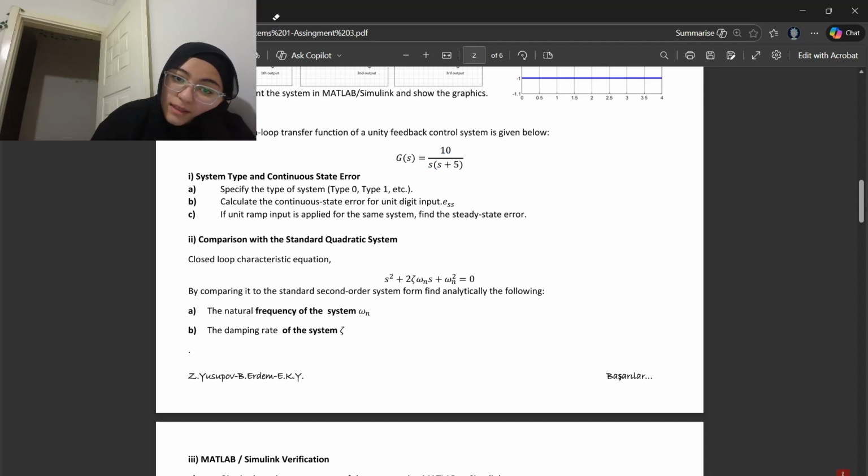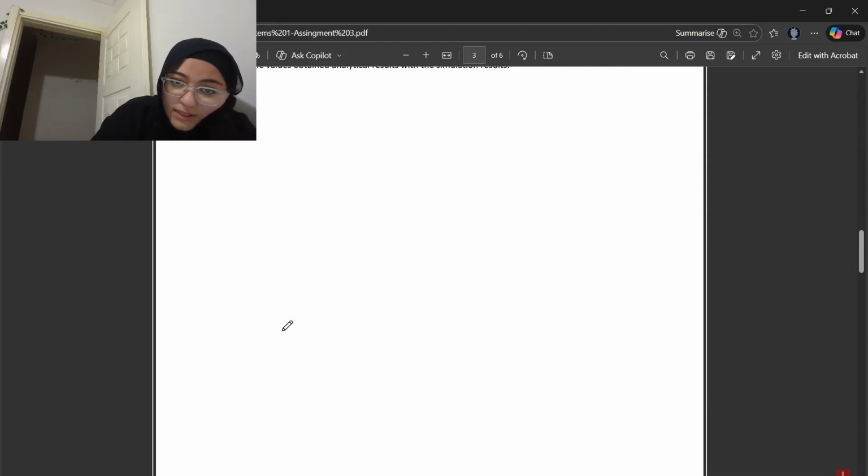Then calculate the steady state error ESS for unit step input. First thing we need is 10 over S multiplied by S plus 5. To find the steady state error, first we need to know what steady state error is.